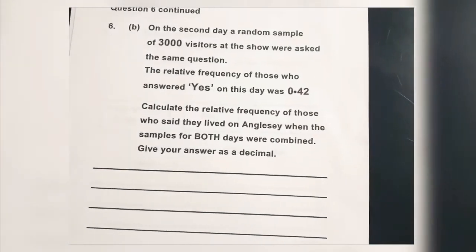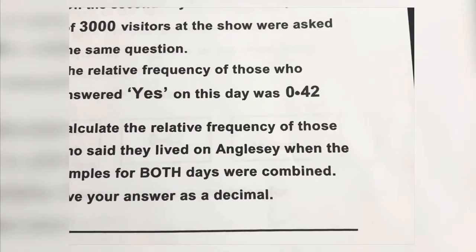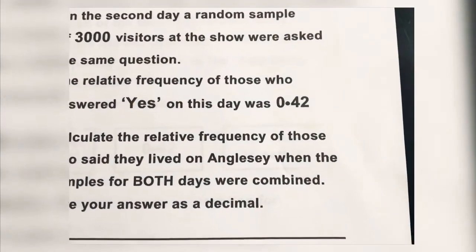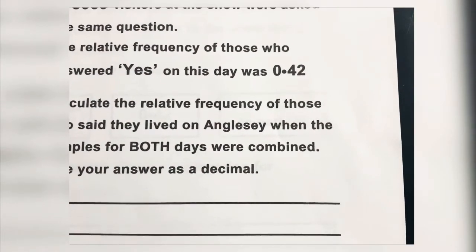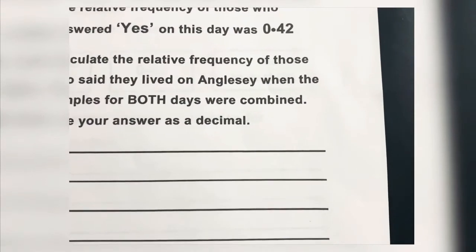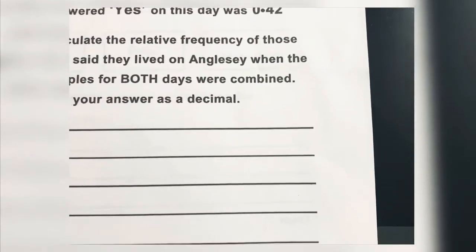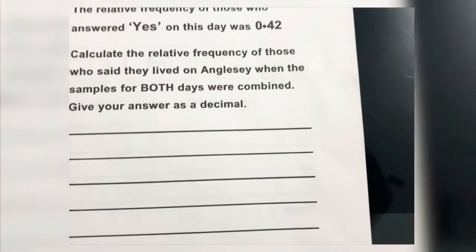6b says on the second day, a random sample of 3,000 visitors at the show were asked the same question. The relative frequency of those who answered yes on this day was 0.42. Calculate the relative frequency of those who said they lived on angle C when the samples for both days were combined. Give your answer as a decimal. So they're giving us the relative frequency to be 0.42.